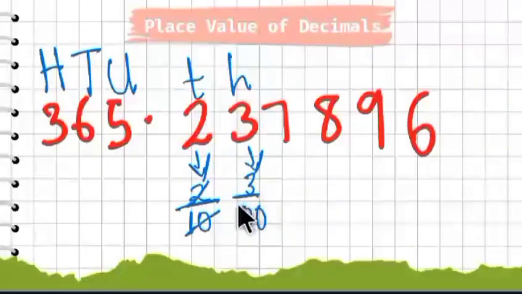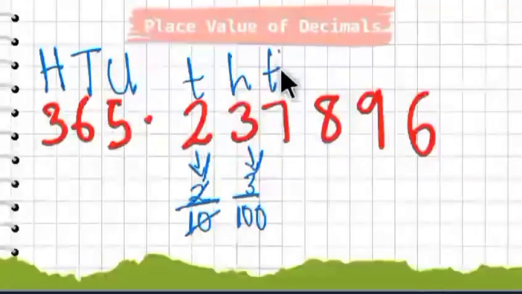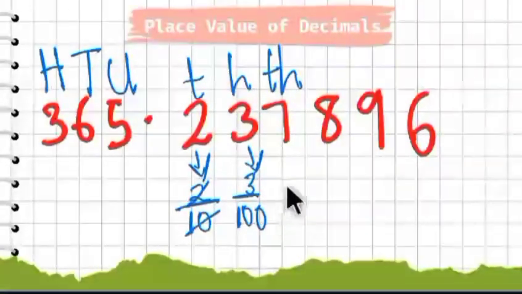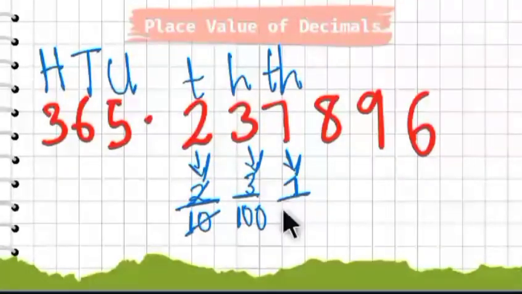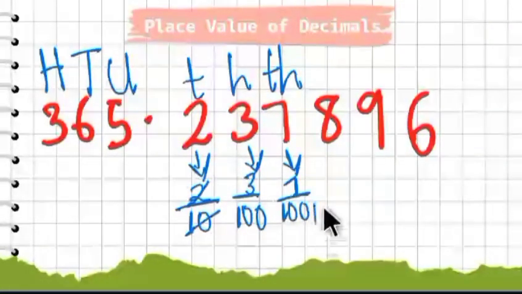That's why we are having fractions. The next digit is 7, and that is thousandths. It means it is 7 over 1,000, or we call it 7 thousandths.